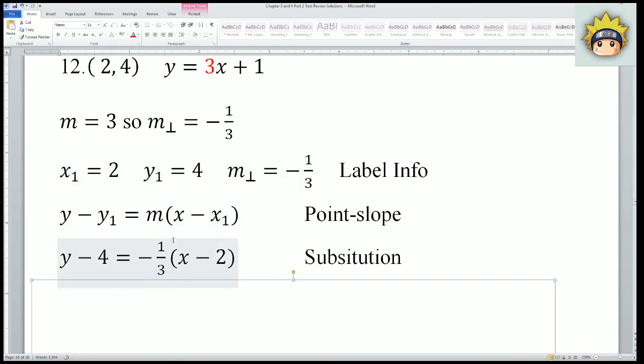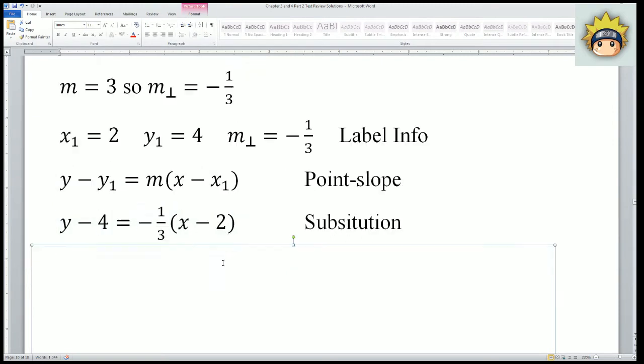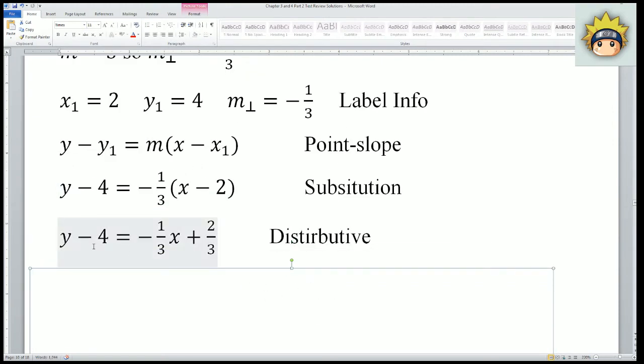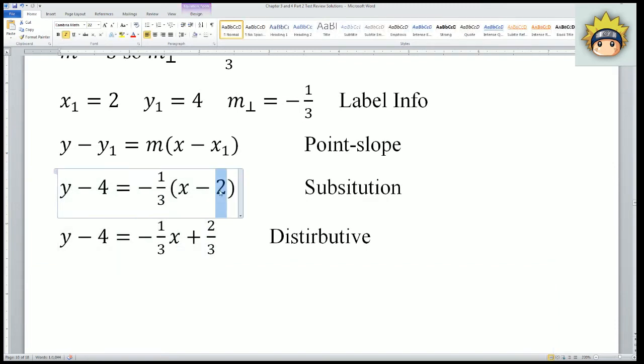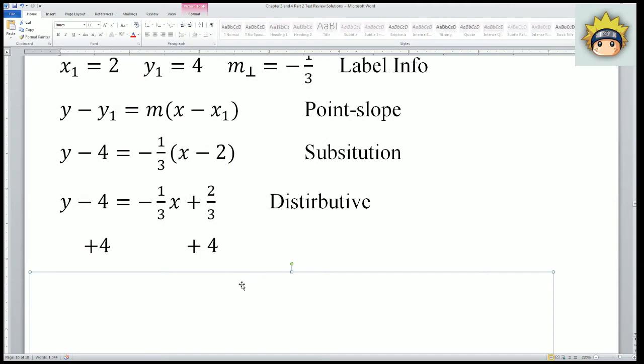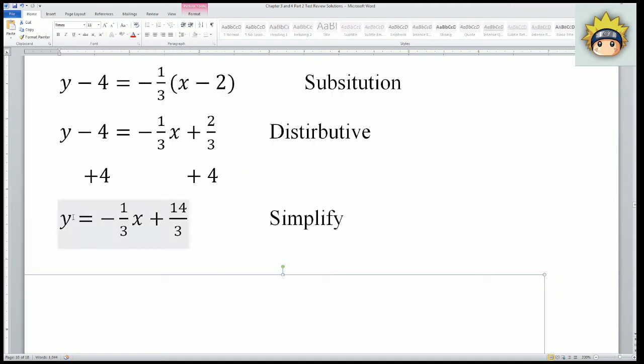Y1 is 4, m perpendicular is negative 1 over 3, and x1 is 2. Distribute that in. Negative 1/3 times x is negative 1/3 x. Negative 1/3 times 2 is 2 over 3, a negative times a negative is a positive. Add 4 to both sides. Then you should have gotten y equals negative 1 over 3x plus 1 over 4.